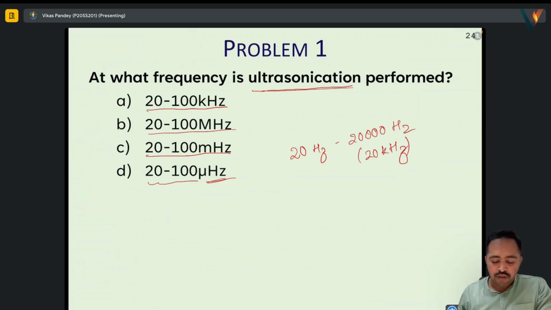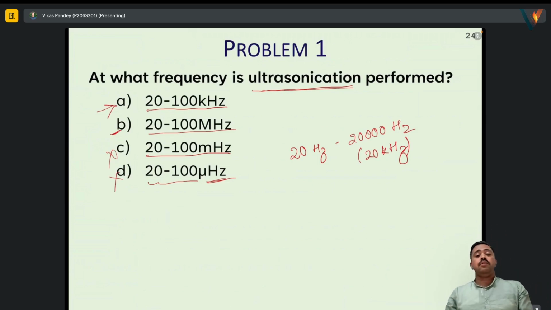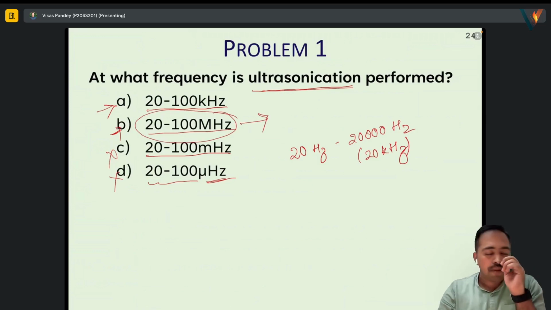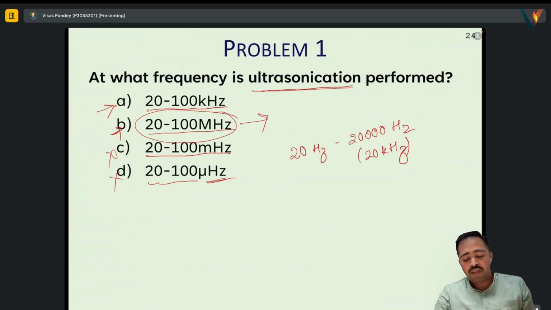So it should be above this. So if we see, A is a range above this, B is also a range above this, C and D are directly above. But if we see properly, this will be too high and it will actually break most of the features that we have, and that is why we are mostly using 20 to 100 kilohertz.